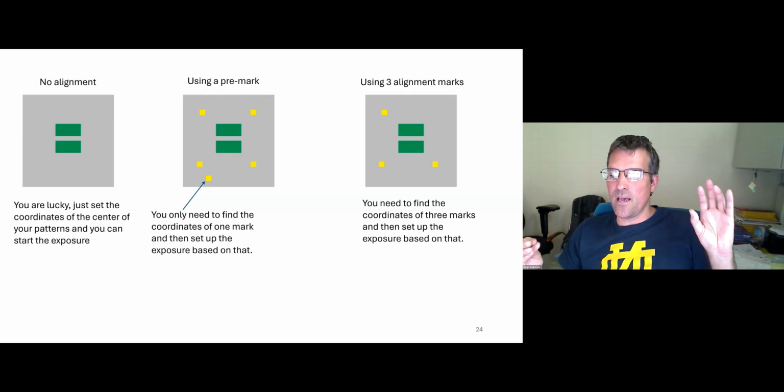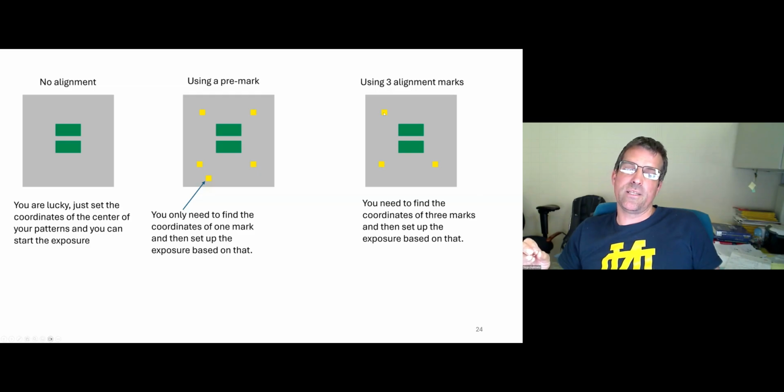Now, this gives you some extra work, and also, more importantly, each time you find the markers just to get the coordinates, you expose the resist. So you can introduce extra proximity effect. You create an extra background dose on your sample.